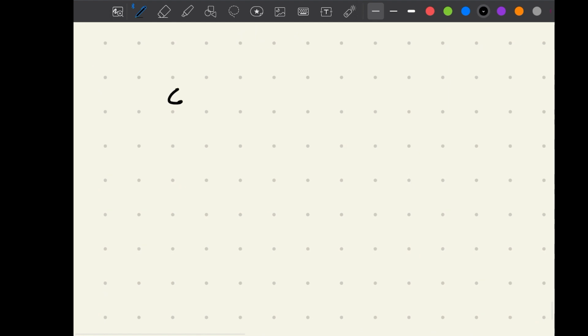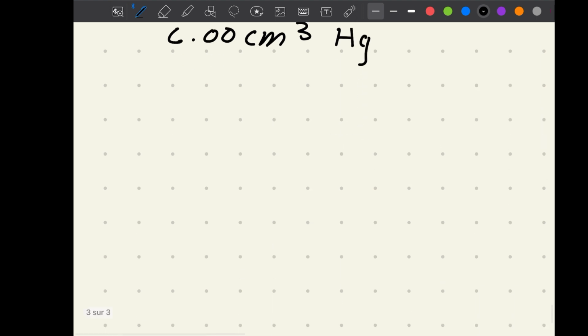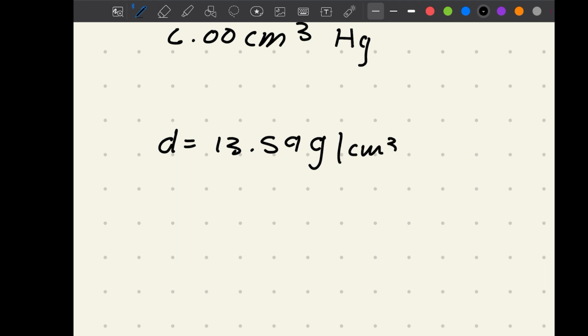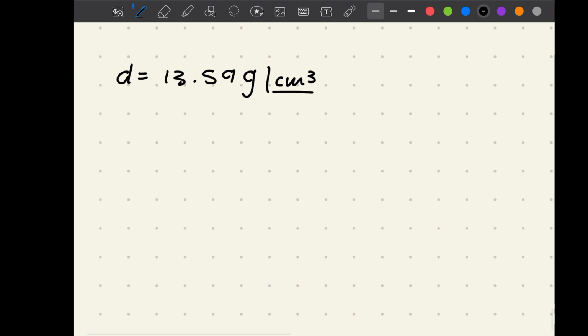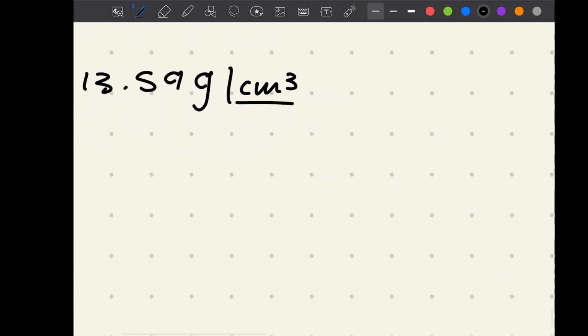So for the last question, we have 6.00 centimeters cubed of mercury. This is the elemental symbol for mercury. And the density for mercury is 13.59 grams per centimeter cubed. You might be asking yourself, how do we have a unit of length as volume?